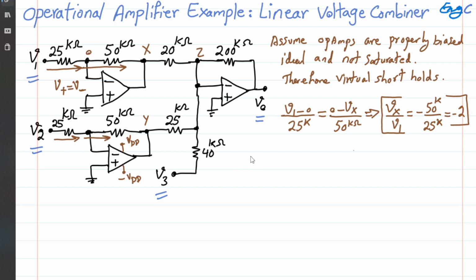And we can just say as simple as this, that Vy over V2 as well should be equal to negative 50K divided by 25K. Again, equal to negative 2. So let's have that in mind as well.